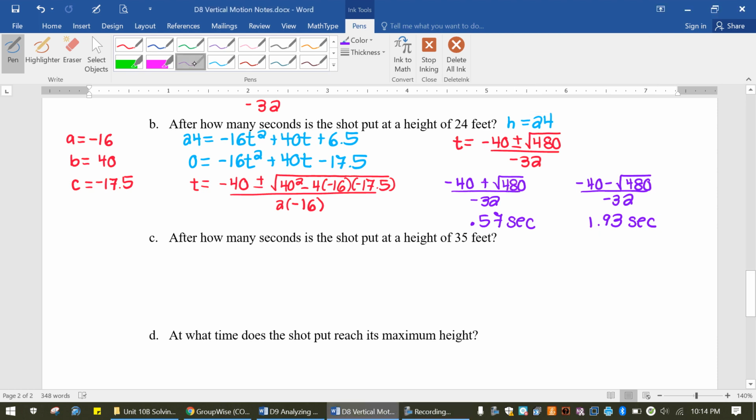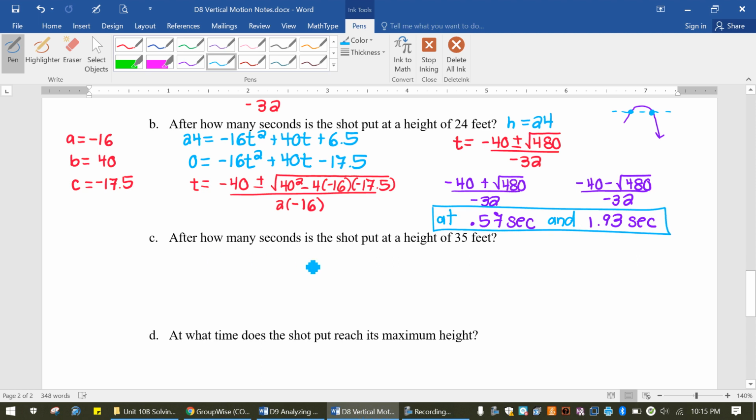So why is that? When the shot put is going up and coming back down again, it's possible to be at that height at two different times: on its way to the maximum, and then on its way back down. So there is where it makes sense.